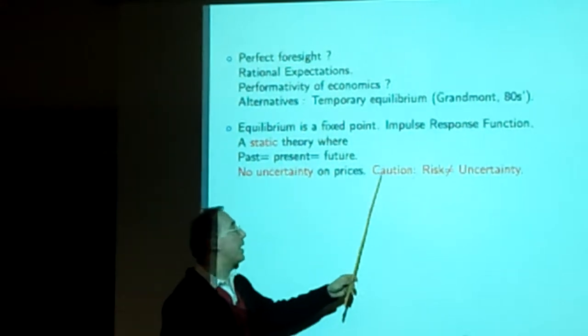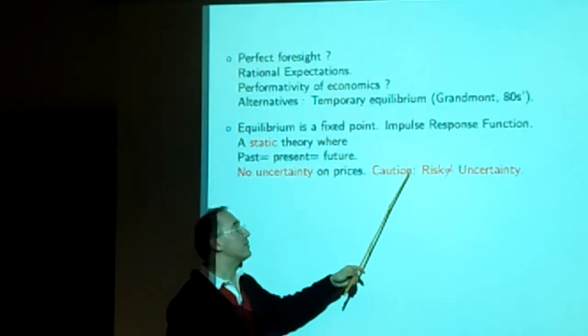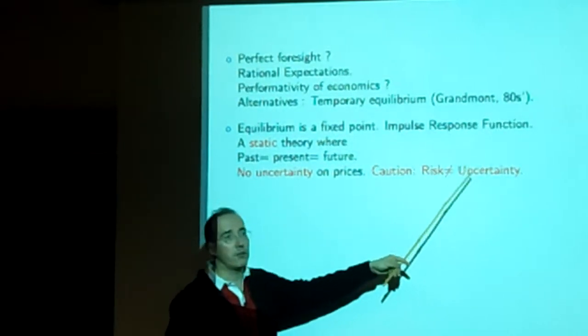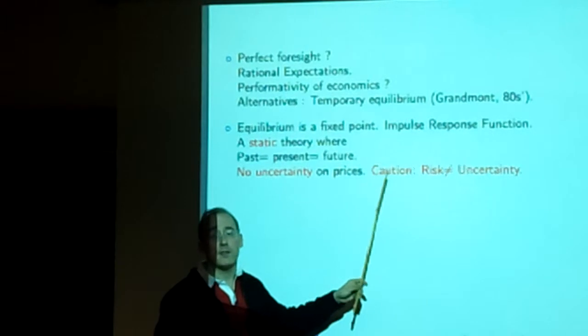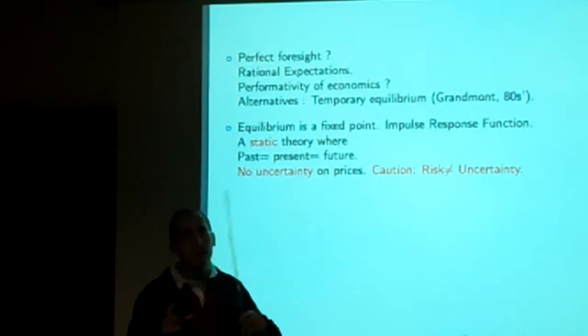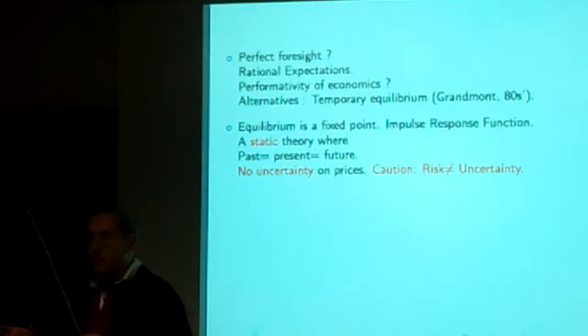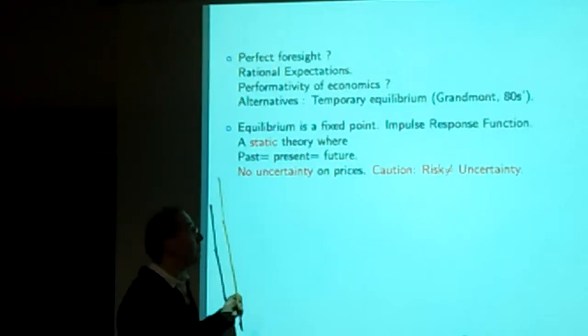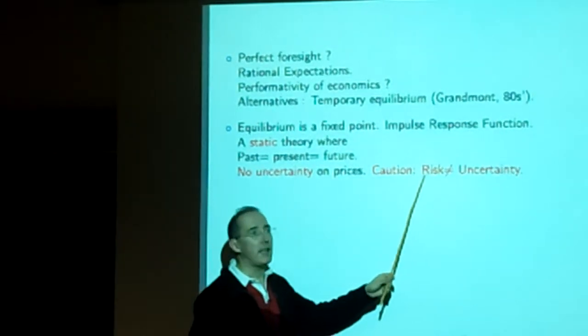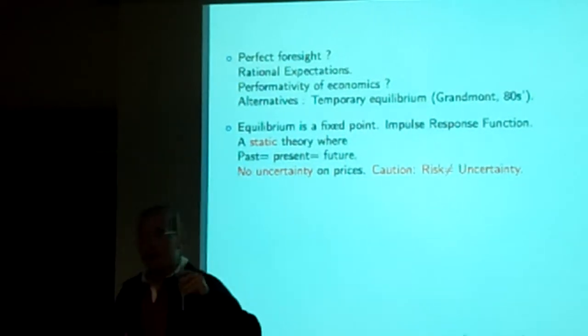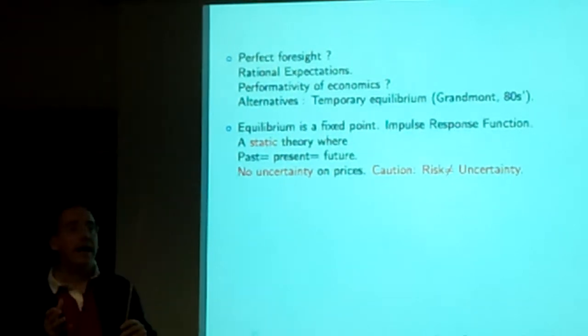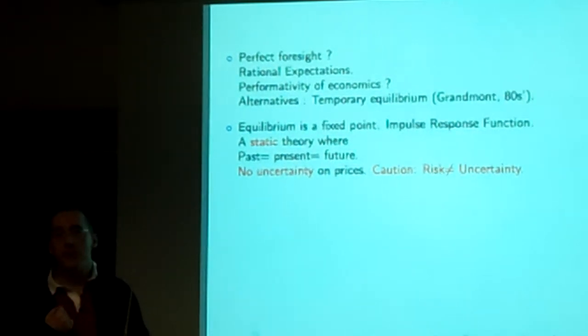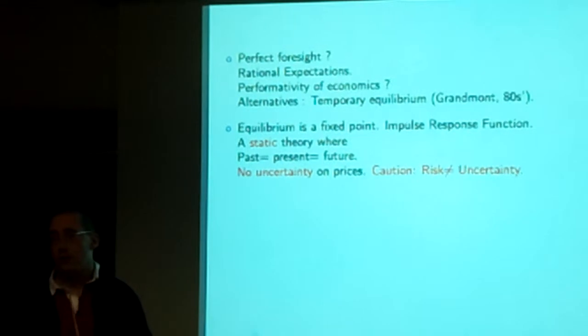And also, I mentioned this before in the talk this morning, there is a big difference between risk and uncertainty. And if you are not careful, there is a shift of words between risk and uncertainty. What people understand under the word risk is if I flip a dice, I don't know ex ante the result, but I know the probability of the result.